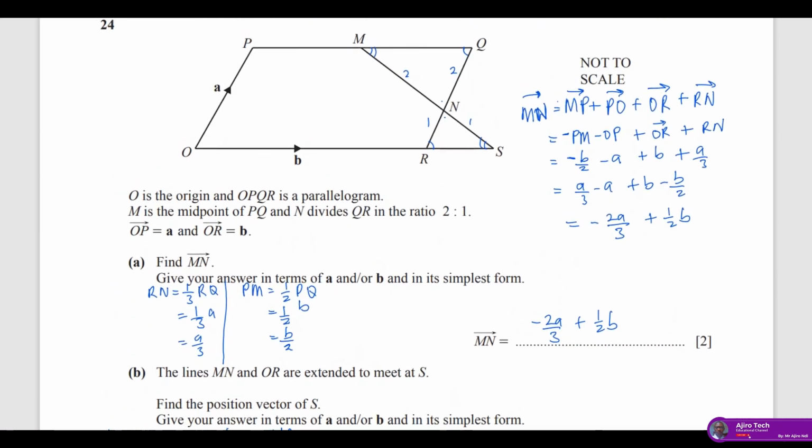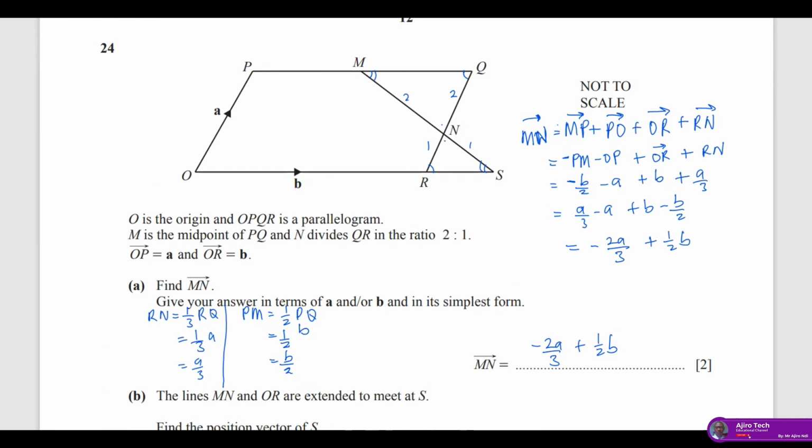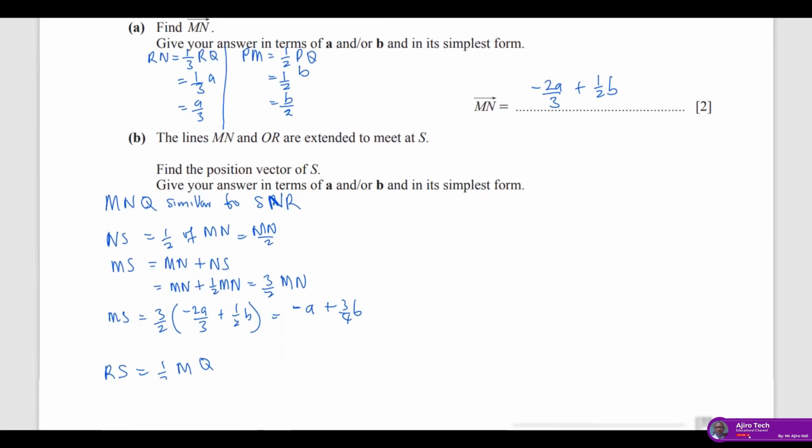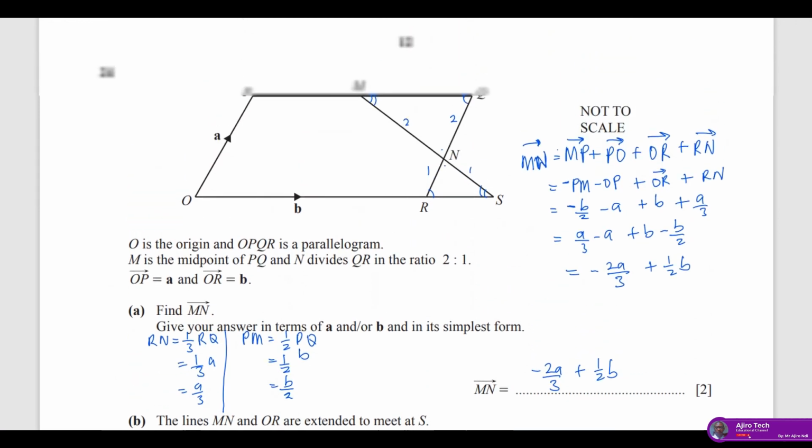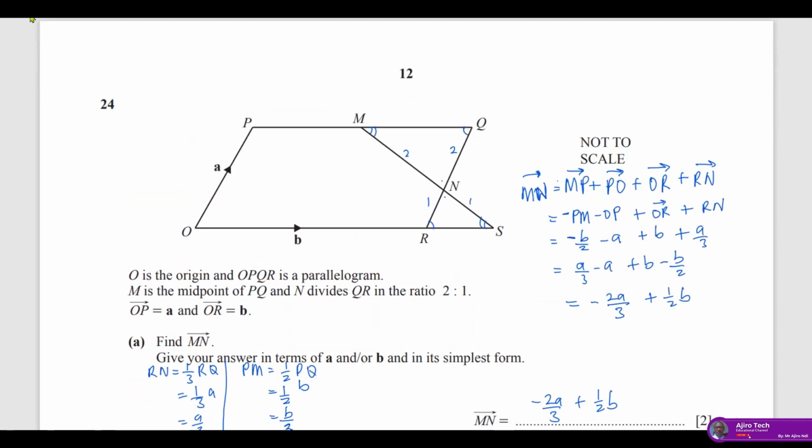MQ is equal to PM, which is B over 2. So this is half times B over 2, which is B over 4. You know this because this entire line is B. This is B over 2, this is B over 2.